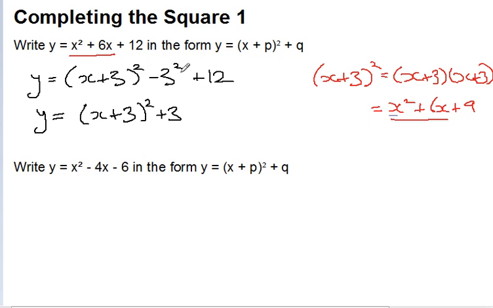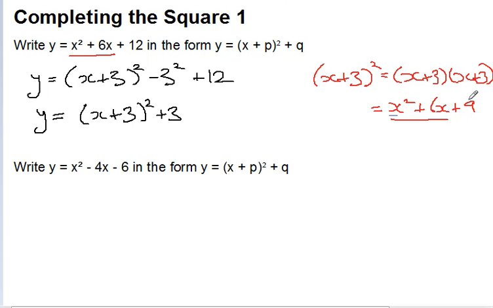Okay, so all we have to do is actually half this number here. It's actually got a special name. It's called the coefficient of x. If I half this, then I instantly get my number inside the brackets, x plus 3 squared. However, as you can see, I took away 3 squared after that. Why did I take away 3 squared?